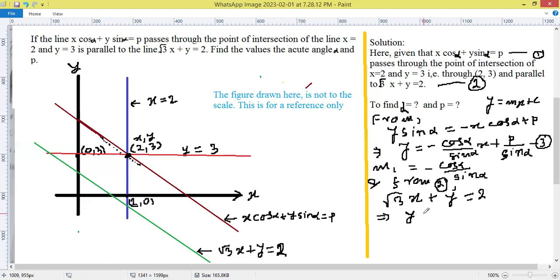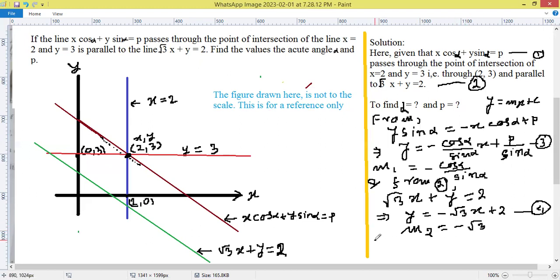So y equals, if it goes to the right side, it changes sign, so it will be negative. So this is minus root 3 x plus 2. Call this equation 4. In this case, you call its slope m2. Its slope is the coefficient of x, so this is minus root 3.